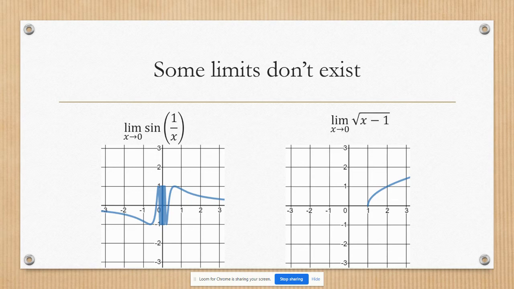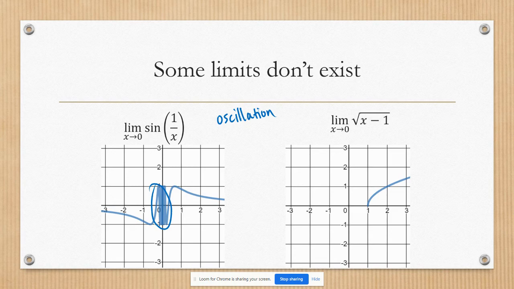So this limit does not exist because of that crazy oscillation. If you zoomed in on the origin of this graph, you would see that even as you get closer to zero, there's just no way to pin down where that limit is. So that's called oscillation. And so that limit does not exist.